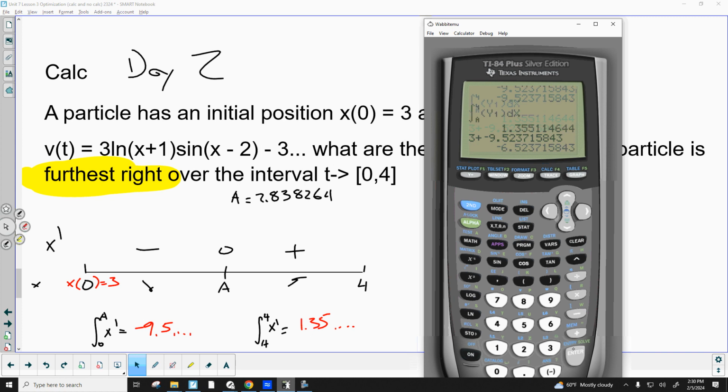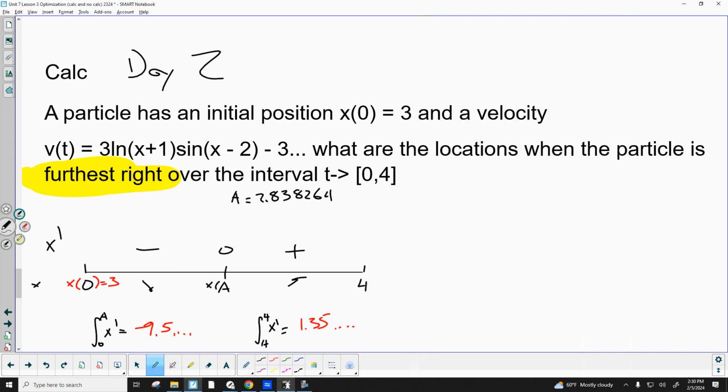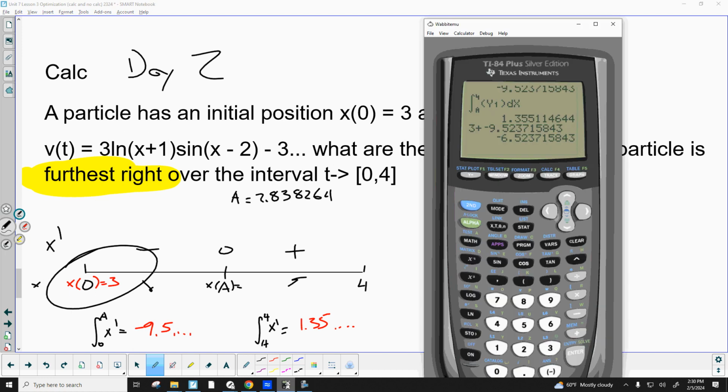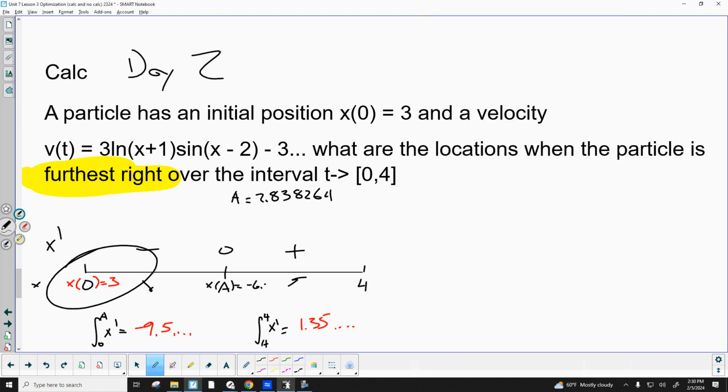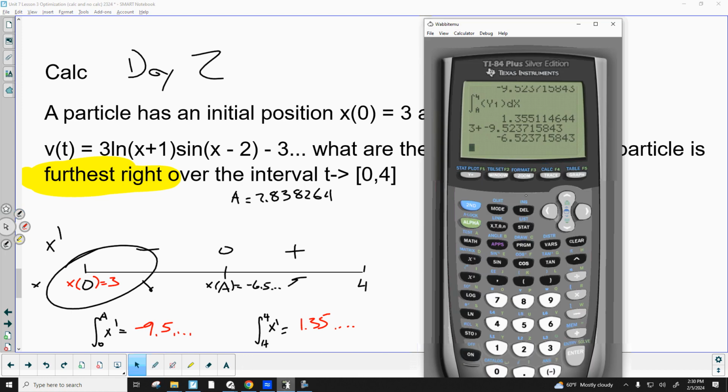So you should know that your position at the start was when we're furthest right. You started at a positive value. You decreased 9.5. You increased 1.35. You got to be able to figure this out. Negative 6.5, whatever. Add the 1.35. And you get your position at the end, which is definitely not as much. 5.168. Okay?